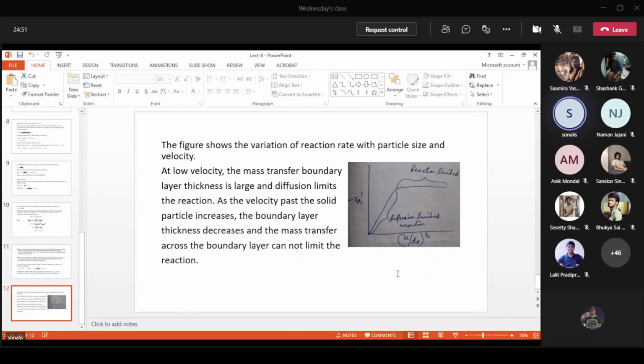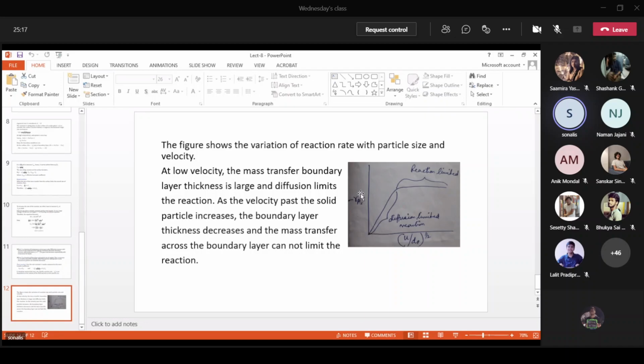When it is a diffusion limited reaction, that means a rapid reaction, diffusion is the controlling step and the faster step is the reaction. We have seen Kc is dependent on U by dP, and the rate of the reaction is equal to Kc into Ca. So the rate of the reaction is dependent on U by dP to the power half.